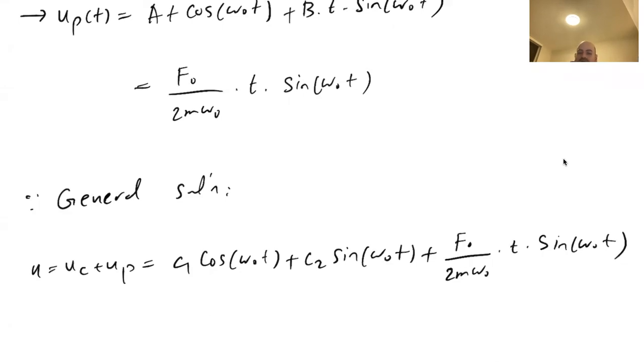I want you to notice here that unlike the previous case, as t goes to infinity, the amplitude grows bigger and bigger. The amplitude basically goes to infinity as well. The amplitude is f0 over 2m omega naught times t.